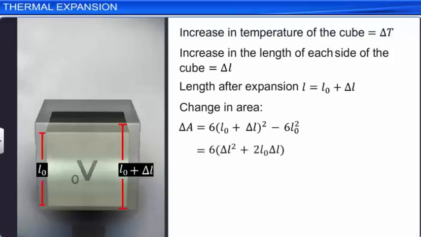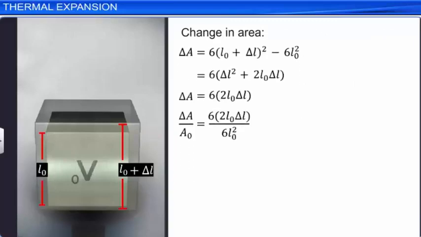This is equal to 6 into (delta L square plus 2 L naught delta L). The term delta L square can be ignored as the value is negligible. Then we get delta A is equal to 6 into 2 L naught delta L. Now, by dividing delta A by A naught, we get 6 into 2 L naught delta L by 6 L naught square. On further simplification, we get alpha A equals 2 alpha L.